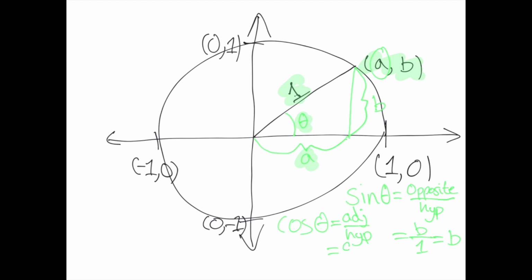So we have a over 1, and a over 1 is equal to a. So then this point (a, b) is actually equal to (cosine theta, sine theta).